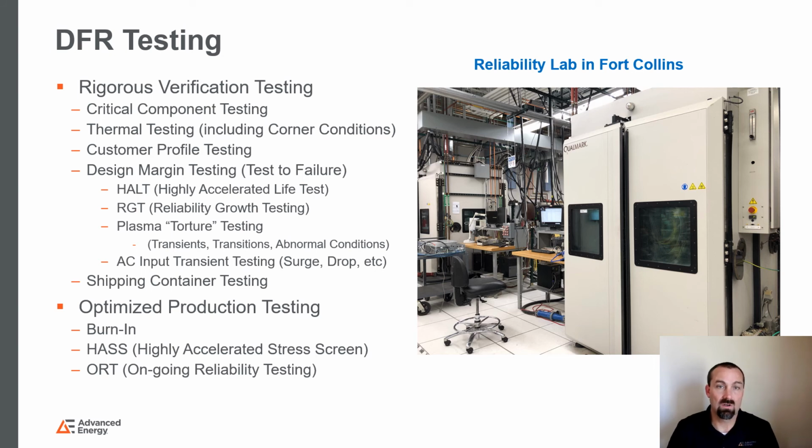And then we will optimize our production testing. We want to add value during the manufacturing testing and make sure that we're not wasting resources doing tests that ultimately are 100% yield. So testing still plays an important role in our process. We just want to optimize what we do with testing.